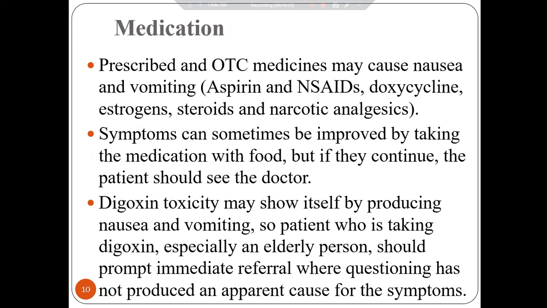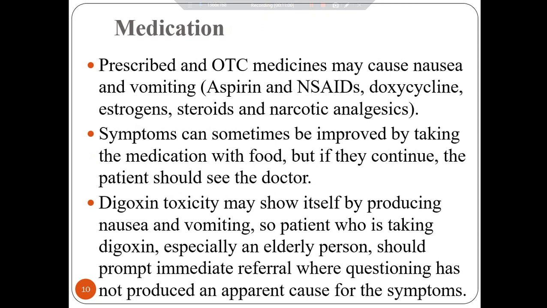Examples: aspirin and non-steroidal anti-inflammatory drugs, also doxycycline, estrogens, steroids, and narcotic analgesics such as morphine, pethidine, heroin, and other drugs. Symptoms can sometimes be improved by taking the medication with food, but if they continue, the patient should see the doctor.